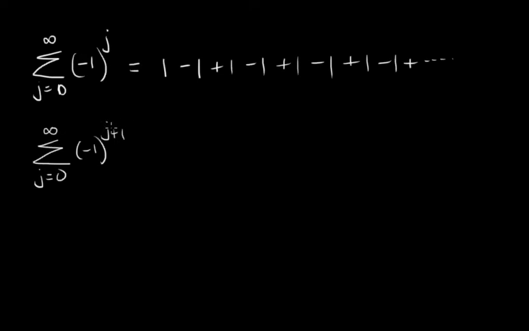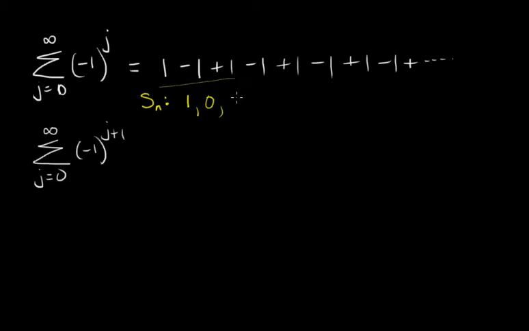Now, does that converge? Well, no, because let's look at the sequence of partial sums, Sn. The first term, the sum of the first term is 1. Then we add the first 2 terms and we get 0.